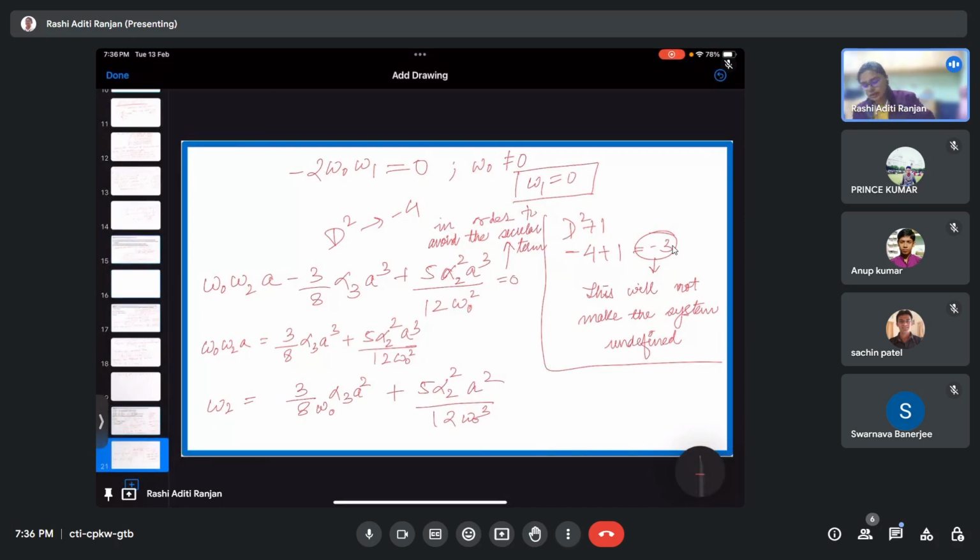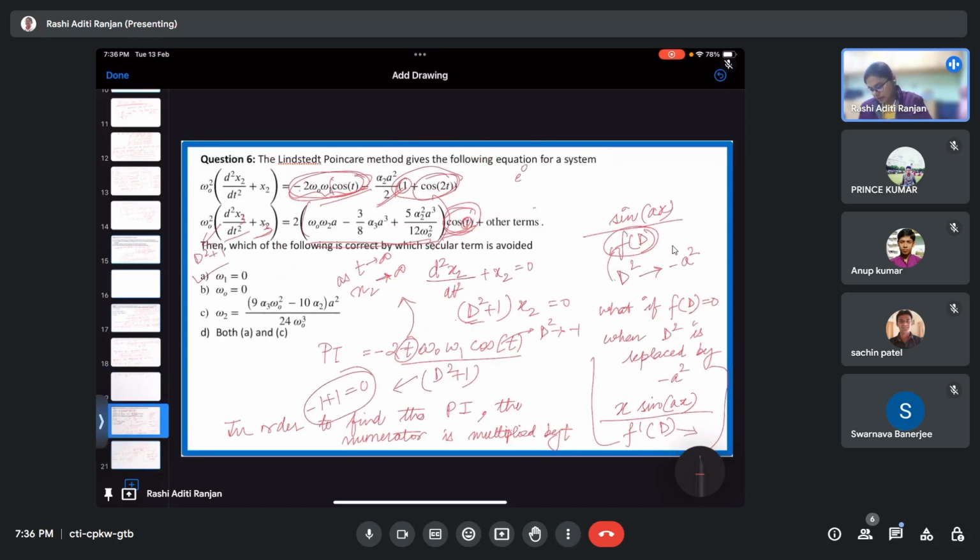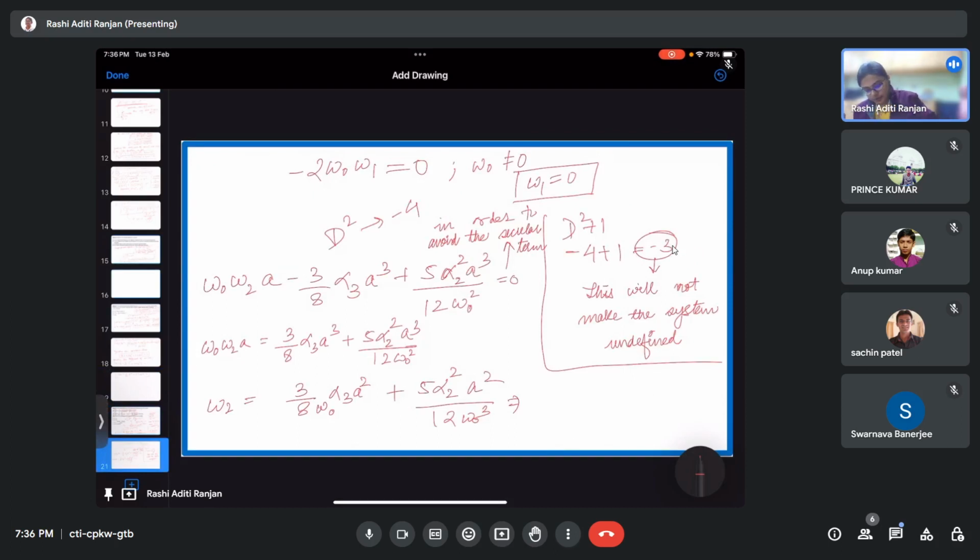I can further write it in this way as well. If I take the denominator as this, like it is written in the answer, and I take a square as common, then I'll have 9 alpha 3, I'll have 10 alpha 2 square, isn't it?